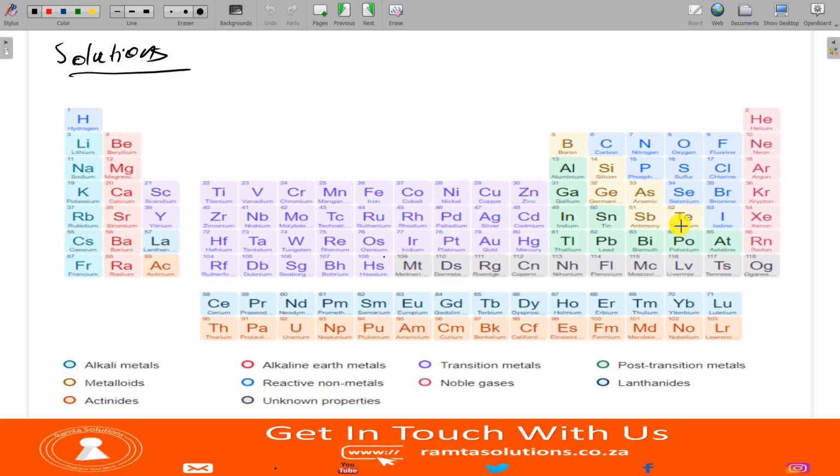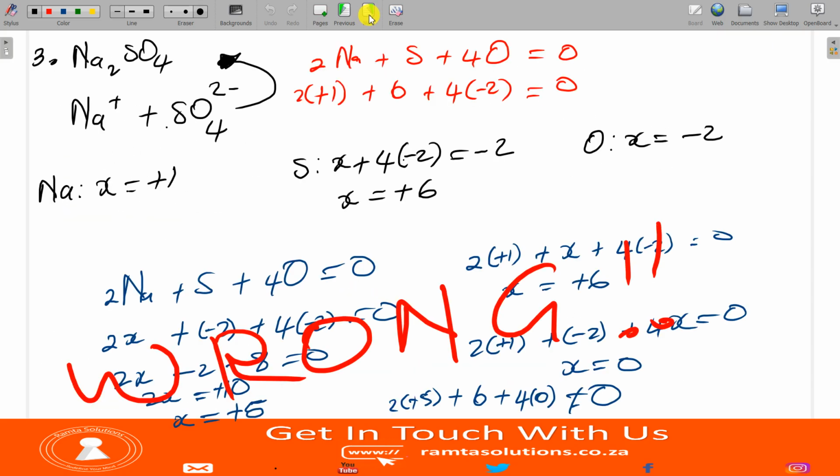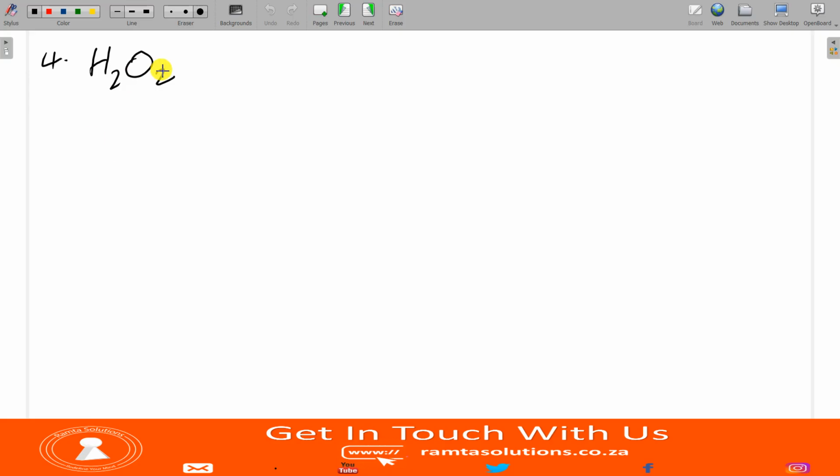Then reactive non-metals are these ones here. Noble gases are these ones here. Lanthanides are these ones here. Actinides are these ones here. And non-metals are these ones here.